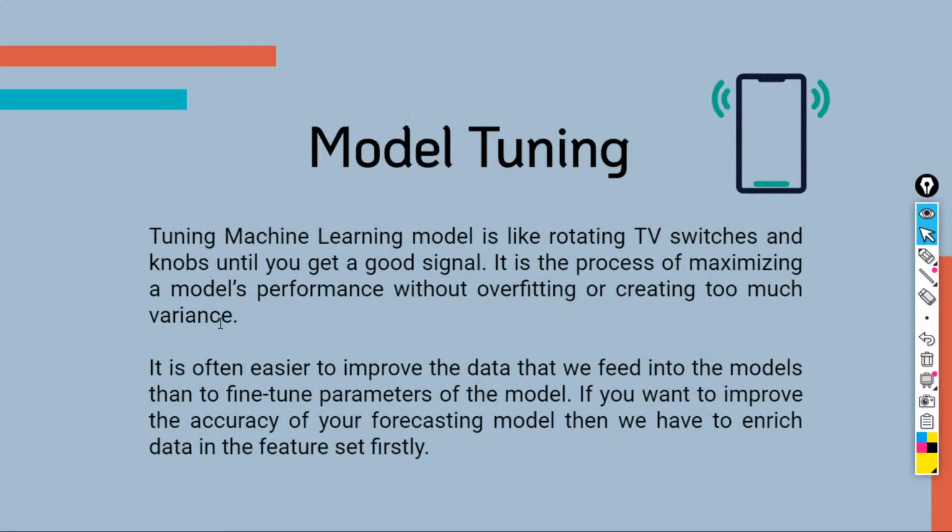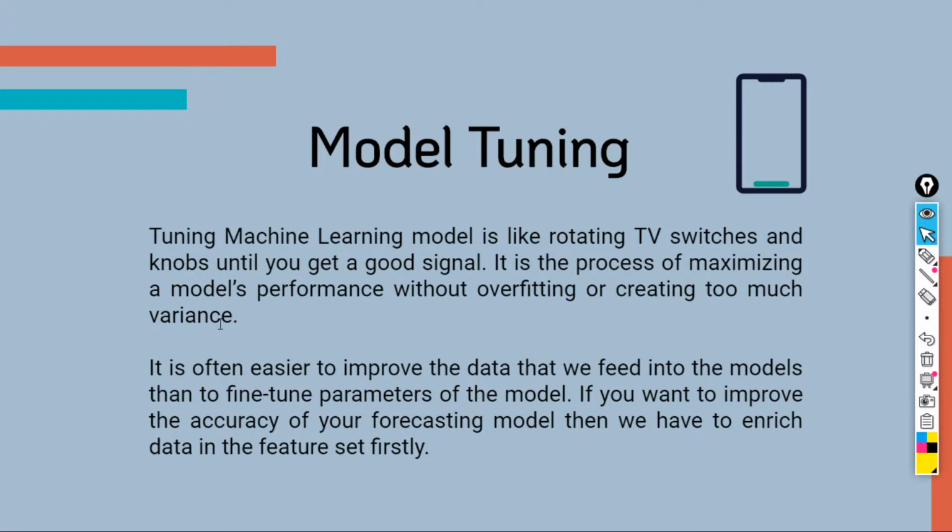When we talk about model tuning, or when we even come across this word, it catches a lot of attention. A lot of people think about whether they have to learn a lot of code, or whether this is a new concept.